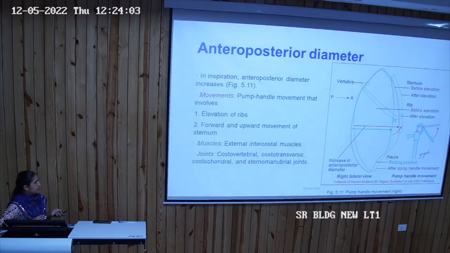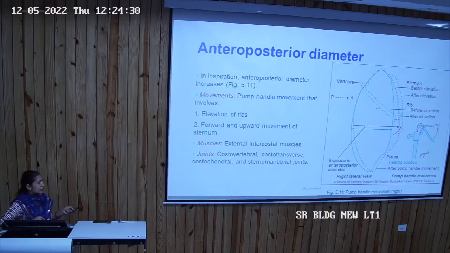Why does this happen? Because movements occur at several joints. What are the joints involved? Costovertebral joint. Which joint is termed costovertebral? Costo is rib, and vertebral is the body of the vertebra. When you see the thoracic vertebra, you will see the costal facets on the body of the thoracic vertebra as well as on the transverse process.